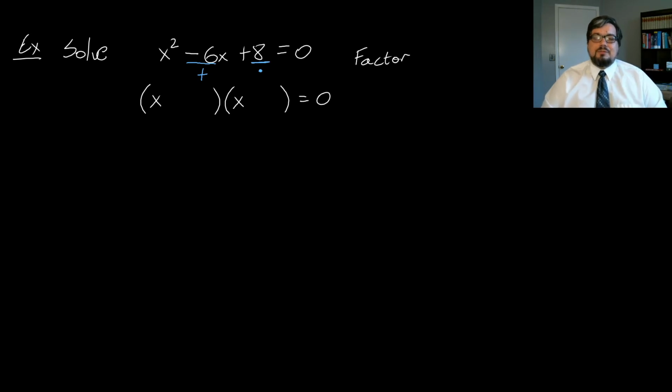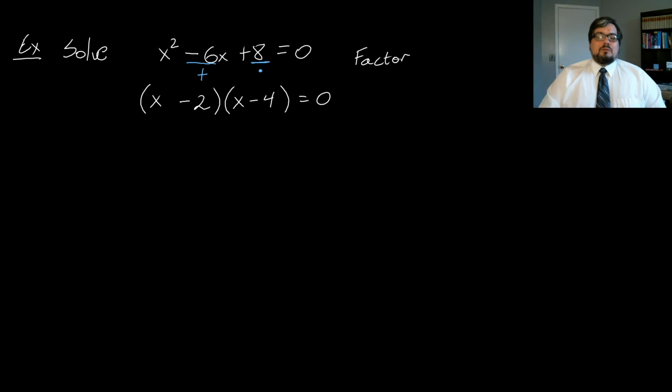If you try a few things, we can start going up the factors of 8 and say, well, 1 times 8 is 8, but does 1 plus 8 equal -6? No. We can try a few things, and we can realize that -2 and -4 do this. So -2 plus -4 is -6, and -2 times -4 is +8.